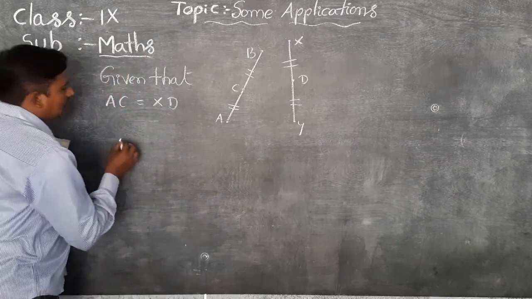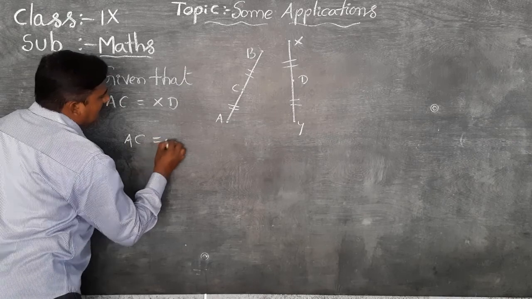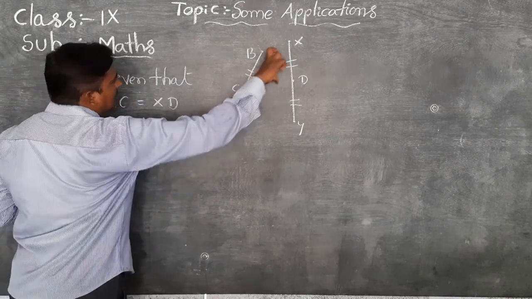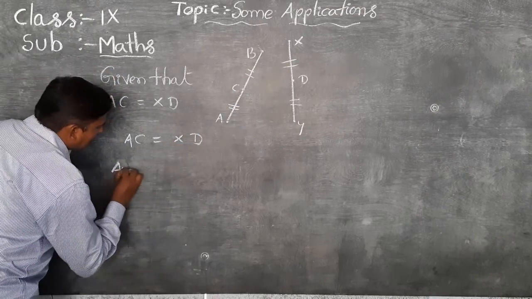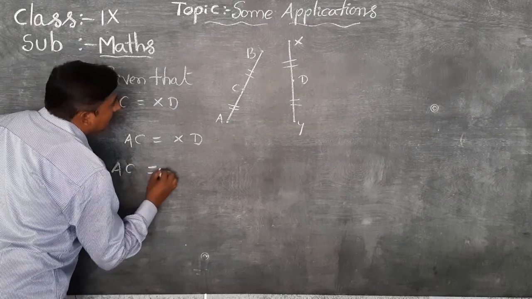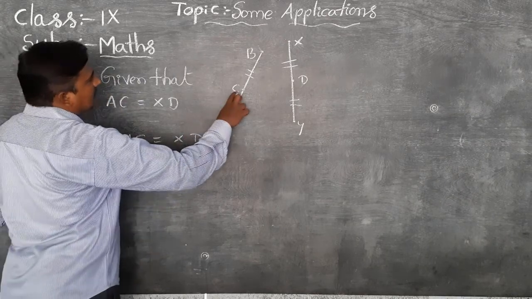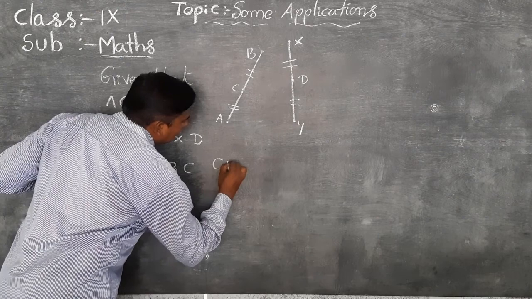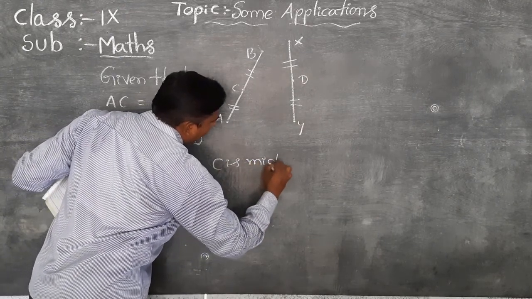Given that AC is equal to XD. We know AC is equal to BC. Why? Because C is the midpoint.